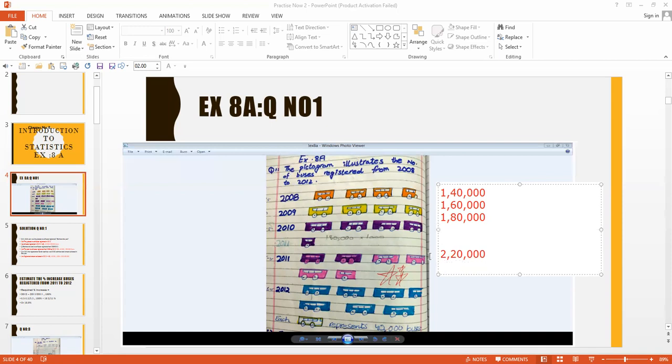Now we move towards the last year, that is 2012. And here, how many complete buses are there? 6 and 1/2. So it becomes 2,60,000. Look here. 40 plus 40, 80. 80 plus 40, 120. 120 plus 40, 160. 160 plus 40, 2 lakh. 2 lakh plus 40, 2,40,000.